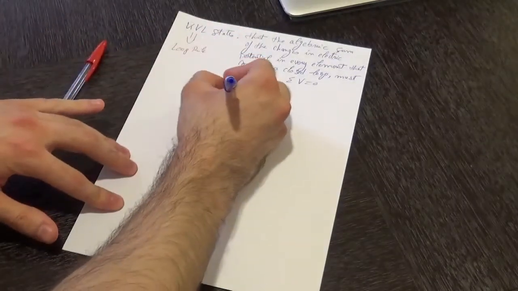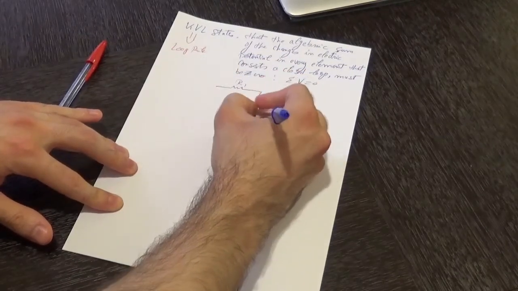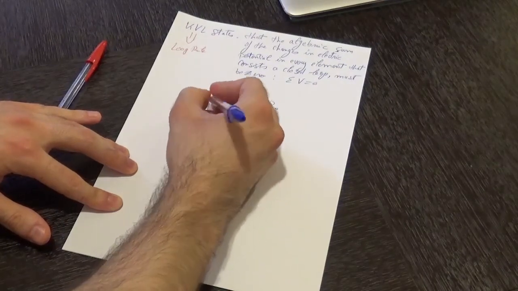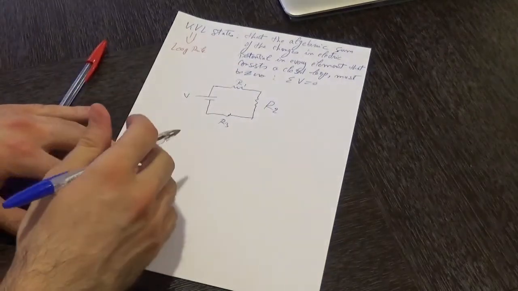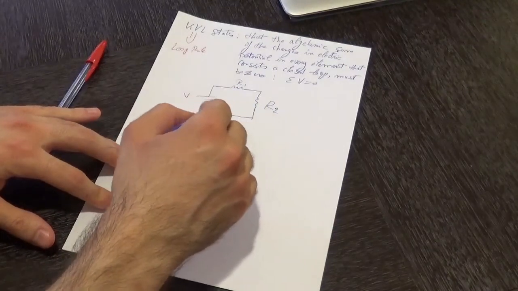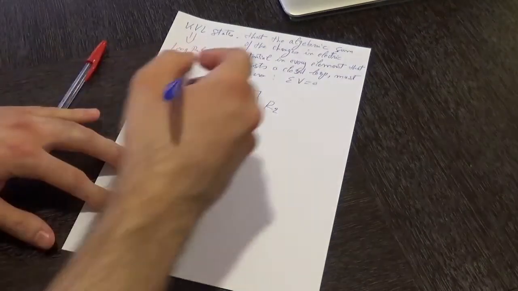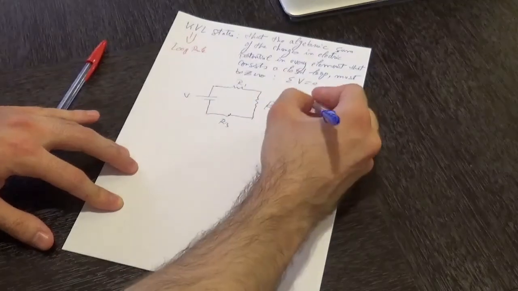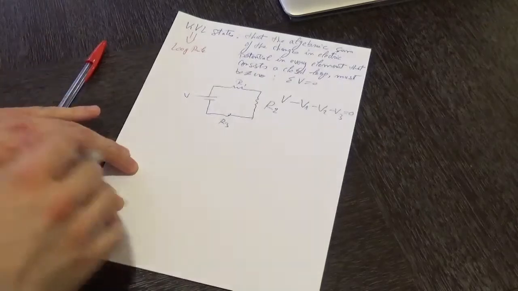For example, let's say you have the following loop, which consists of resistor R1, R2, and over here you have resistor R3, and they are all connected to that battery over here, which has a potential V. In that case, Kirchhoff voltage law states that the summation of all the voltages across every element that consists that closed loop must be 0, meaning that the voltage of the battery minus the voltage across R1 minus the voltage across R2 minus the voltage across R3 is equal to 0.